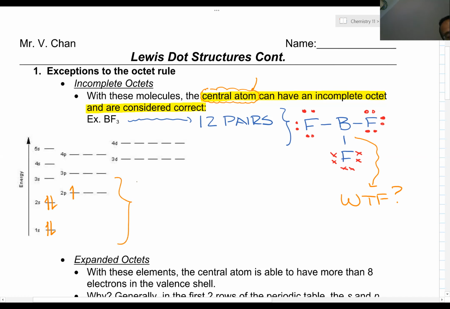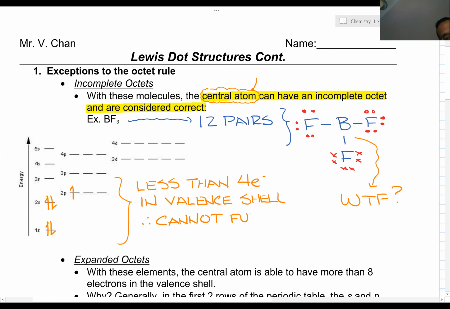Notice it has less than 4 electrons in the valence shell. Therefore, it cannot fulfill the octet rule.